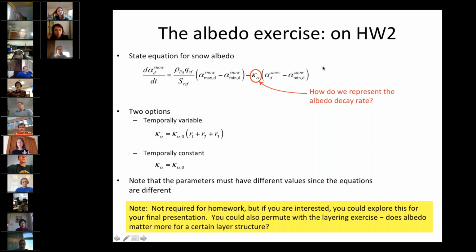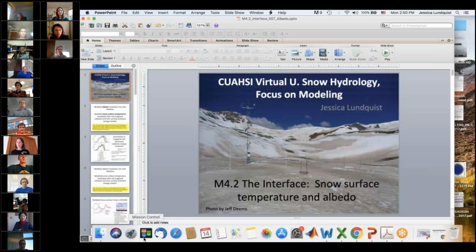Both of them evolve snow grains and calculate the albedo as a function of the snow grains. I don't think either of them have dust either. So again, if what you want is dust, you probably want to call up somebody who works in Senator Beck. All right, so before we jump into turbulence theory, any questions about snow surface temperature or albedo?